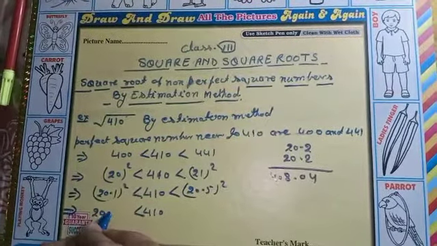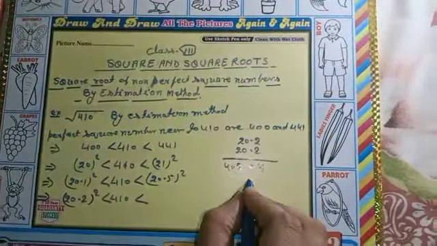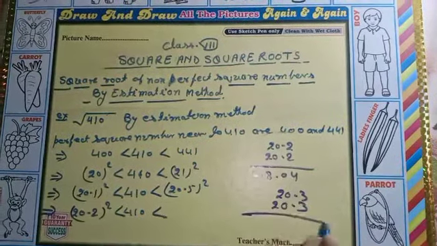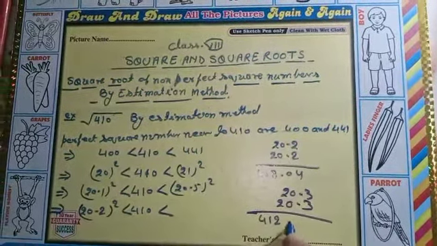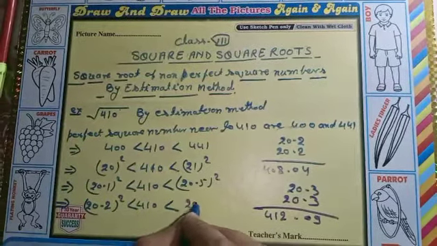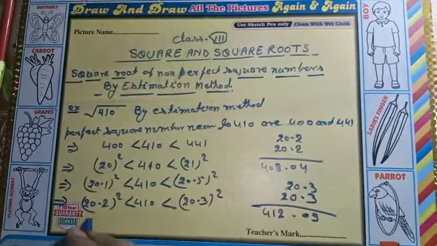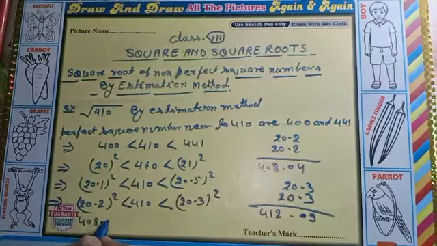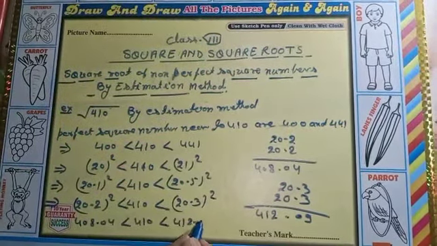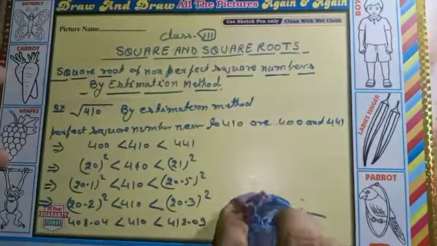Now the square of 20.3 becomes 412.09, which is more than 410. So 410 is greater than 408.04 and less than 412.09.